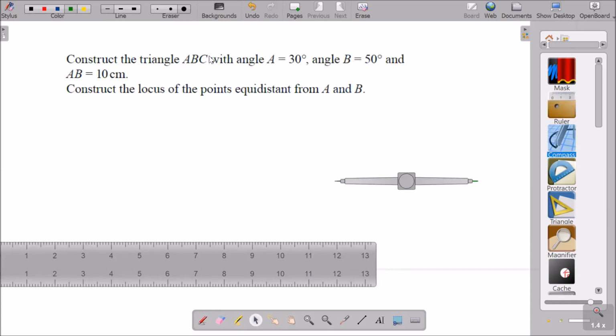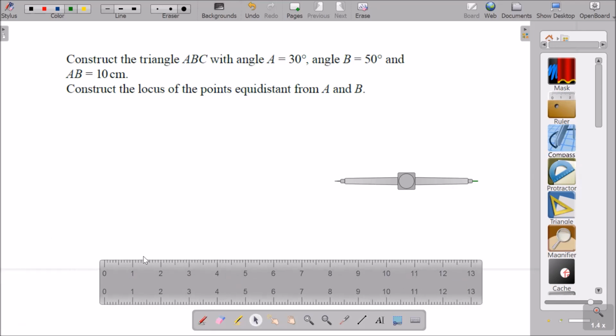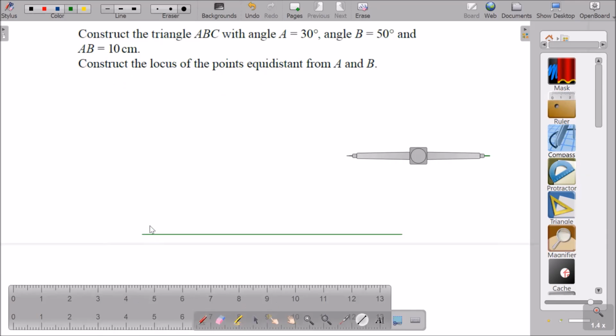Construct the triangle ABC with angle A equal to 30 degrees, angle B equal to 50 degrees, and AB 10 centimeters. So we need a starting line first. So we take our ruler, draw our baseline, AB, set our starting point there.